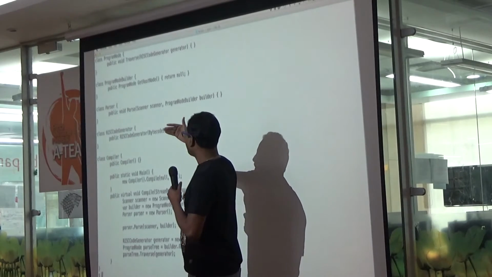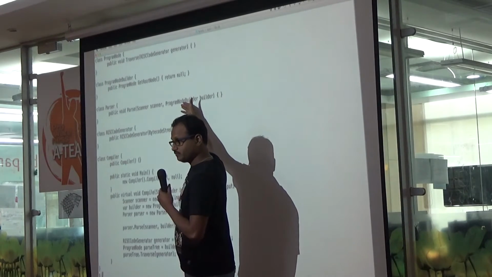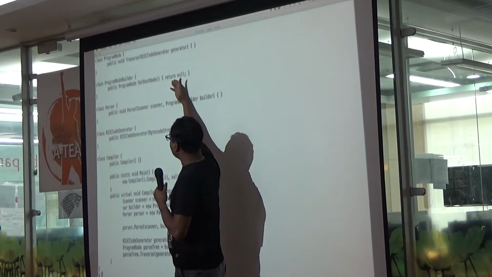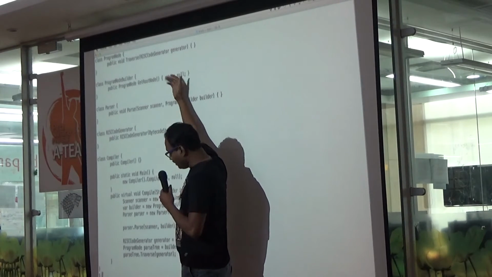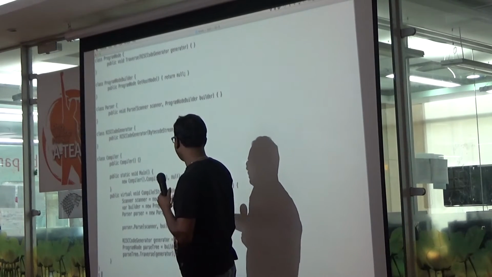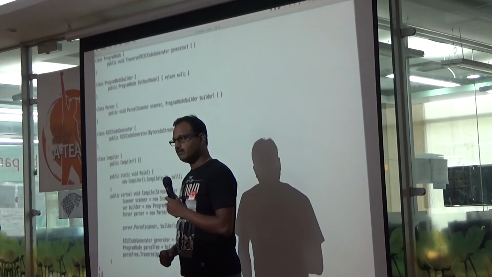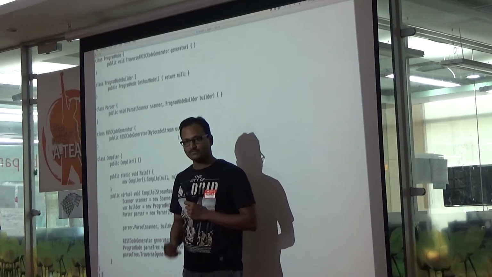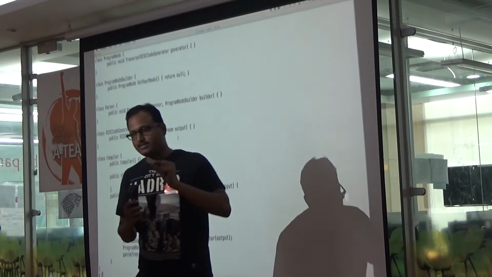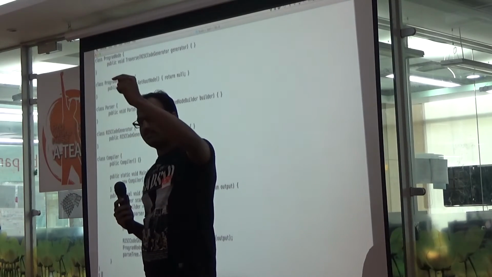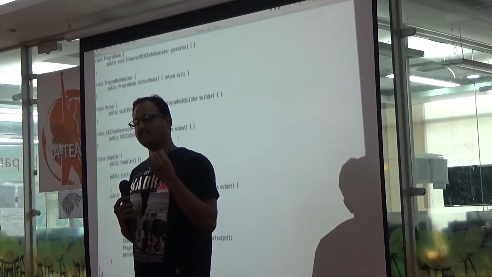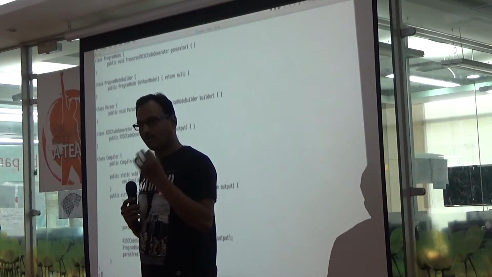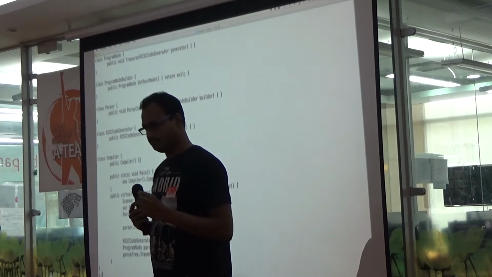So you can write tests only for the parser. You can write tests only for the program node builder. We can write tests only for the program node. We can write tests only for the scanner. We can write tests only for this code generator, etc. Traditionally, this will be written as straight line code, which makes it very, very hard to test because the components will be dependent on each other, right?